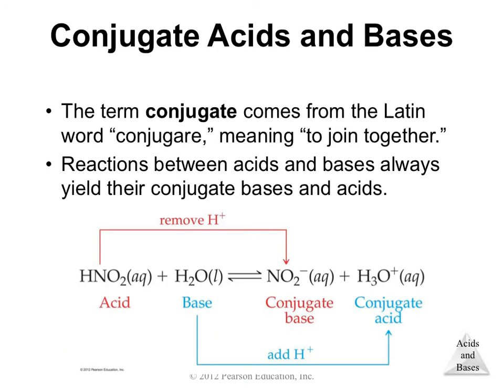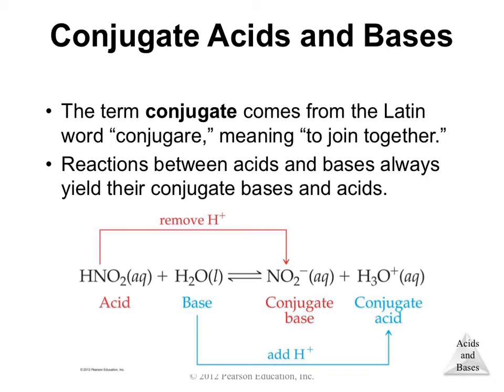So we can see in this, conjugate comes from the term conjugare, meaning to join together, or like when you conjugate verbs. So reactions between acids and bases always yield conjugate acid and base pairs because we're moving that hydrogen or we're bringing it together with something else.